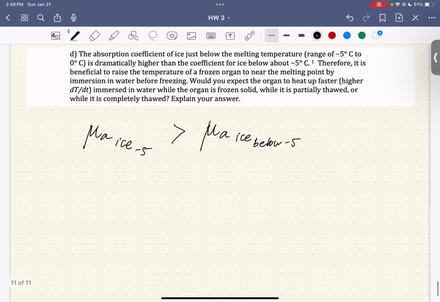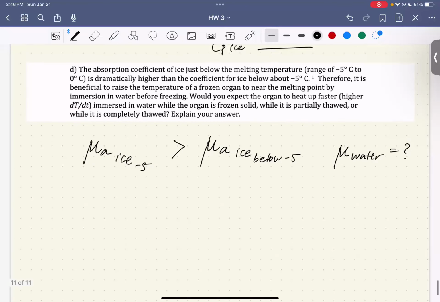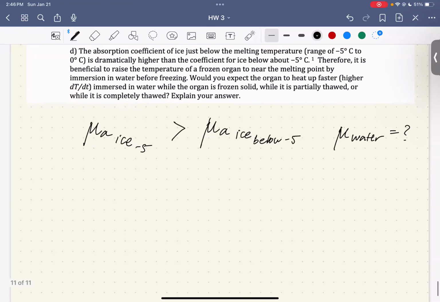right? And let's see what is mu of water is 1. Then would you expect the organ to heat up faster, higher dT over dt? So that, again, solidifies what we just talked about in the previous section.